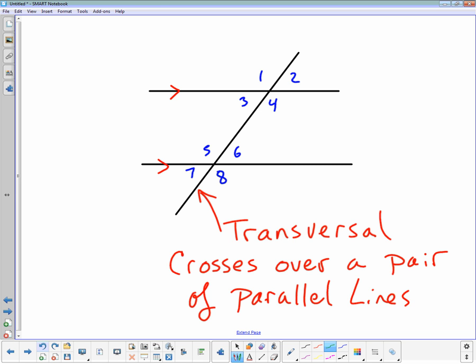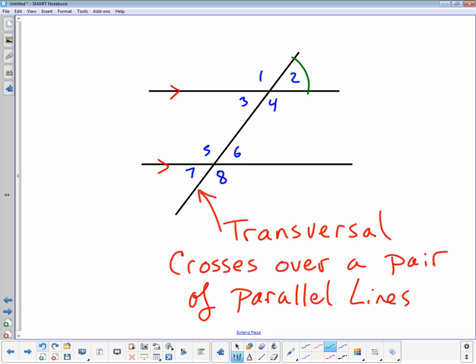All right, take a look at angle 2 for a minute. Automatically, what do we know is congruent to angle 2? Right, immediately. What do we know? 6? A lot of people are rolling out on 6 and 7, and that's actually true.